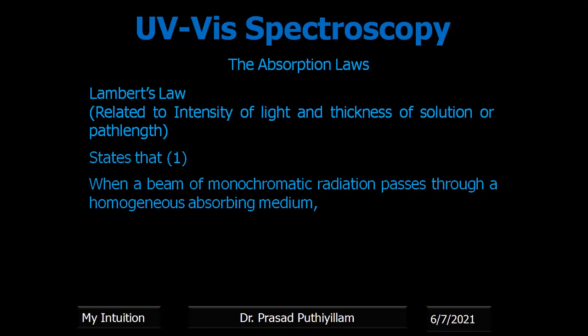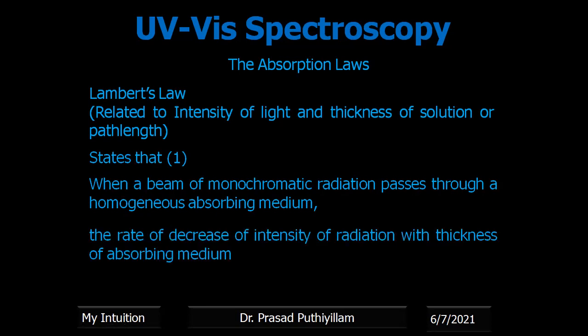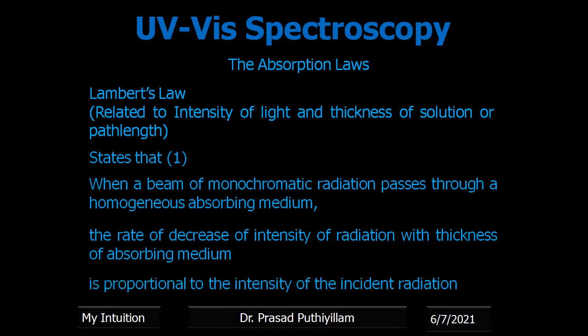If any phase separation is there, then the different phases will absorb different wavelengths. Therefore, it should be a homogeneous absorbing media. Then the rate of decrease of intensity of radiation with thickness of absorbing media is proportional to the intensity of the incident light. That means it connects the intensity of light to the thickness of solution or path length.